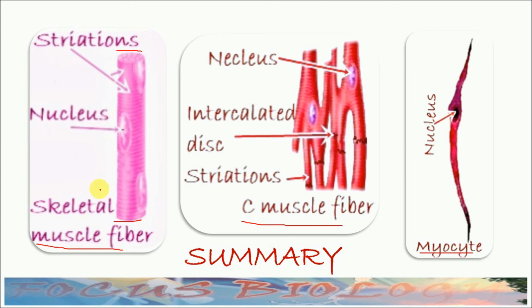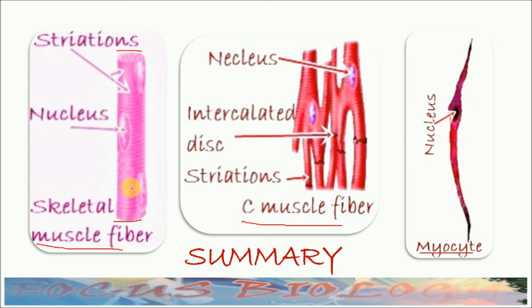Position of nucleus. Nucleus is found at the periphery in a skeletal muscle fiber. In cardiac muscle fiber, it is central, and in a smooth muscle fiber, it is found in the thickest region. Right?